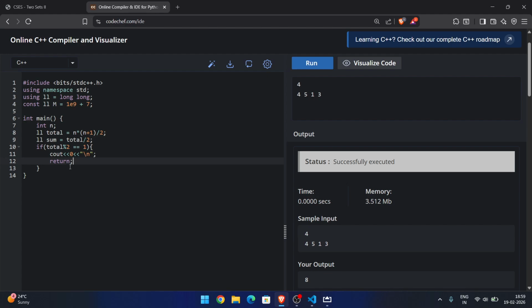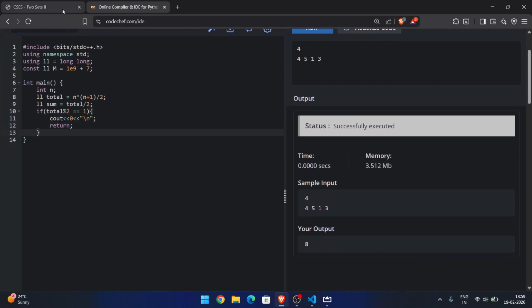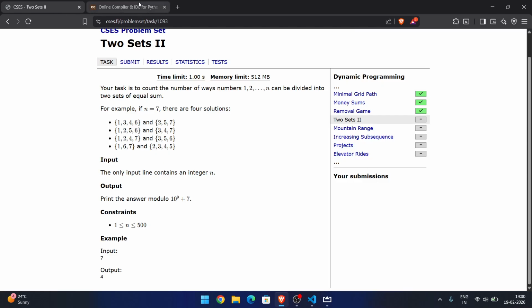We can't divide an odd total, because in whatever way we divide our array, it would always be n and n plus 1. So if our total is odd, we can't get the answer. Okay, so that is done.